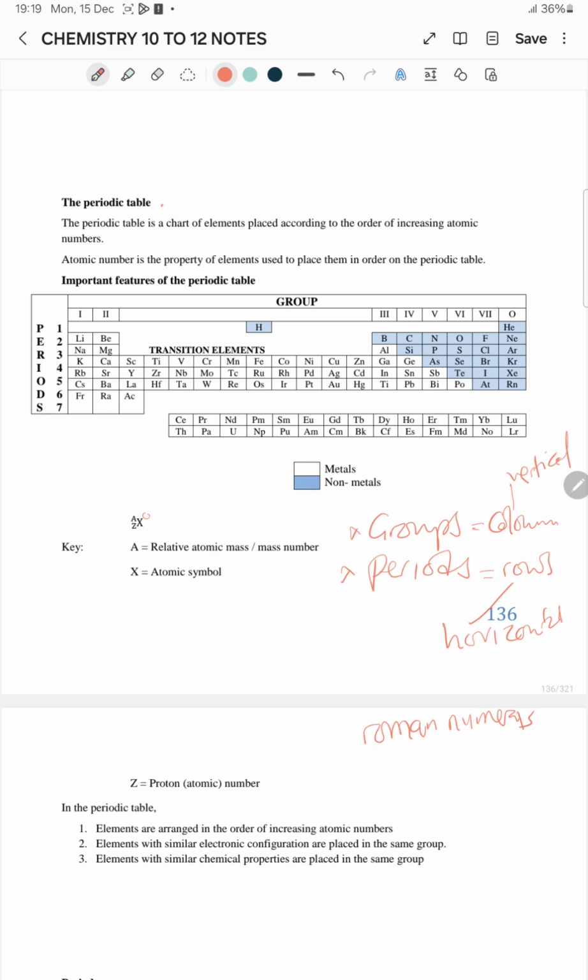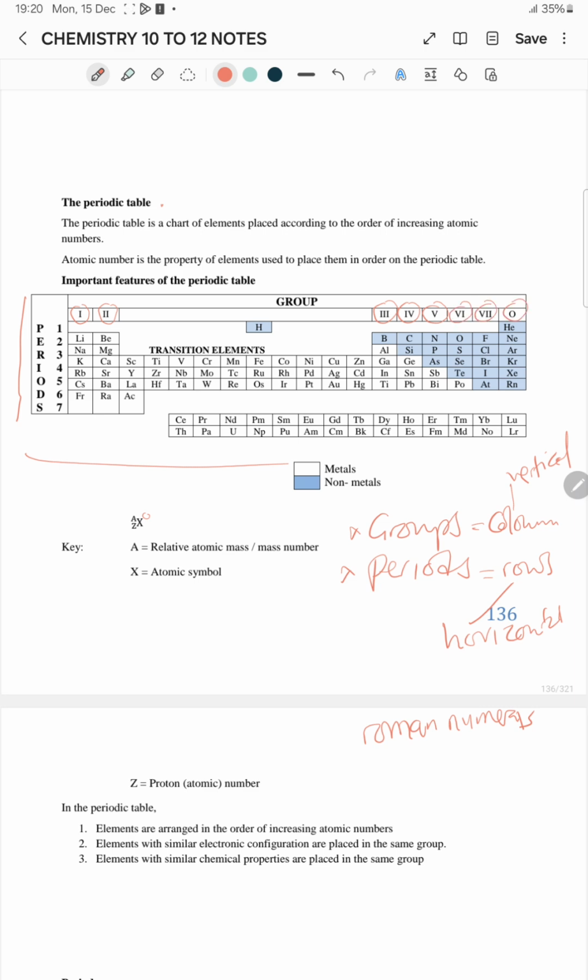So we are saying that groups are columns, meaning like this. Then periods are like this. So if we check here, this is group 1, group 2, group 3, group 4, group 5, group 6, group 7, group 8.